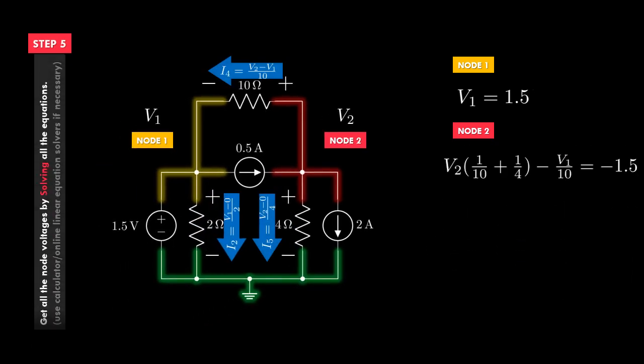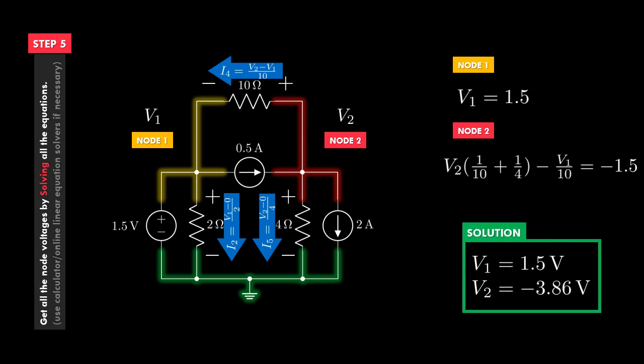So right now we have 2 equations and 2 unknowns. So we could easily solve the equations by using a calculator or an online linear equation solver. For this particular circuit, we already know 1 voltage. So just by substituting 1.5 for V1 in the equation for node 2, we will get a value of negative 3.86 volts for V2.